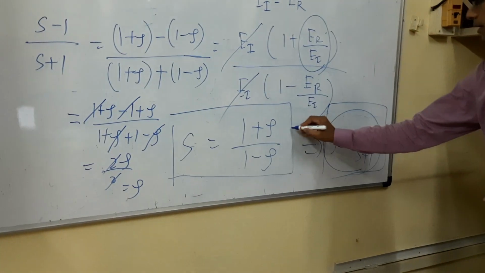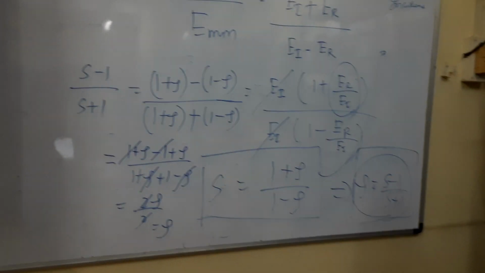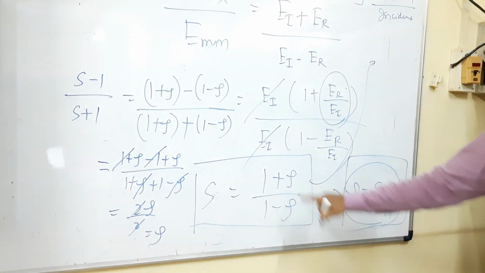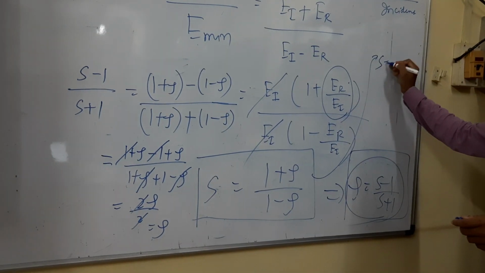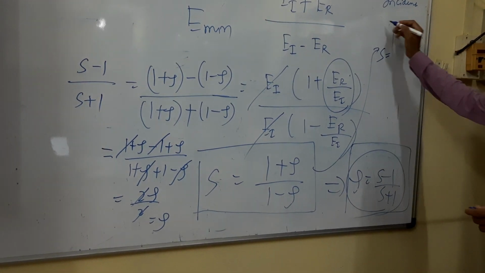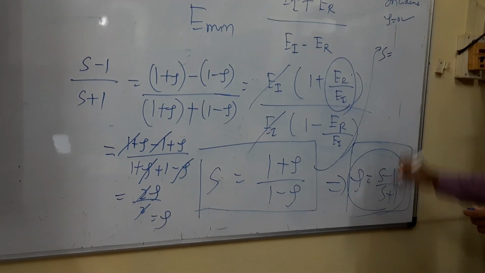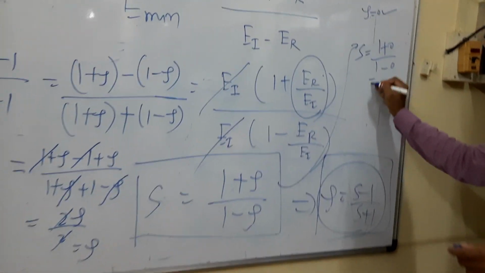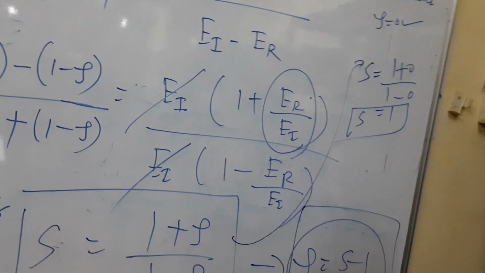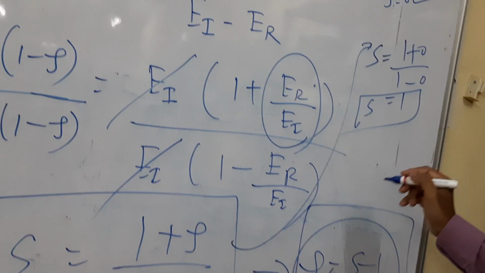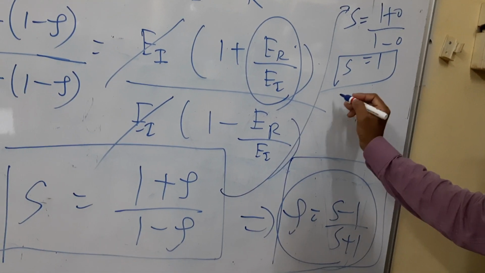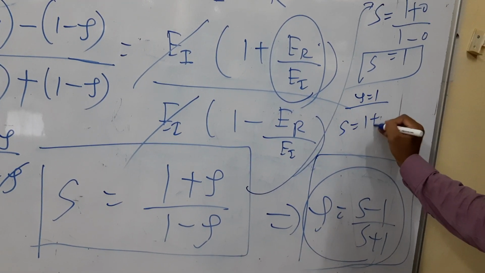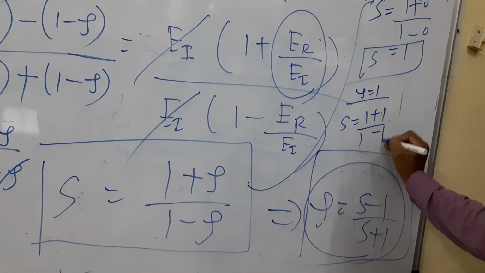Now can you tell me the minimum and maximum values of rho, and the minimum value of S? For the minimum magnitude of rho, S will be 1 plus 0 by 1 minus 0 equals 1. So S starts with 1.